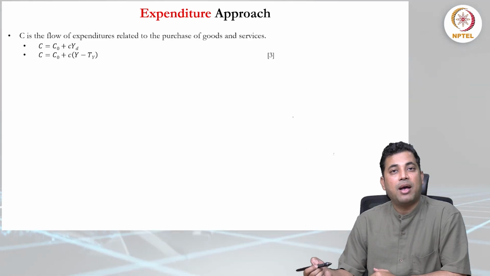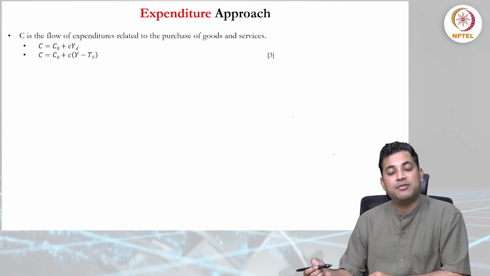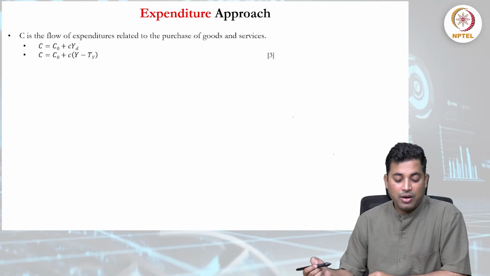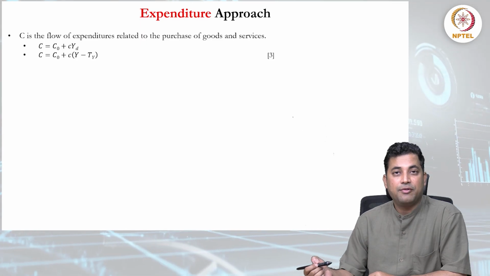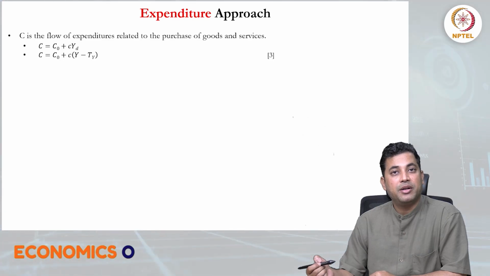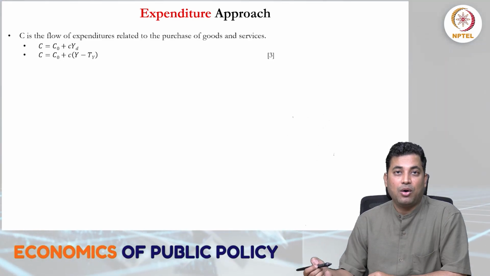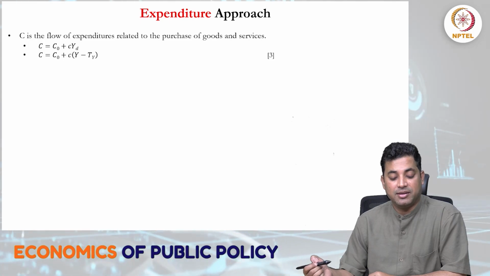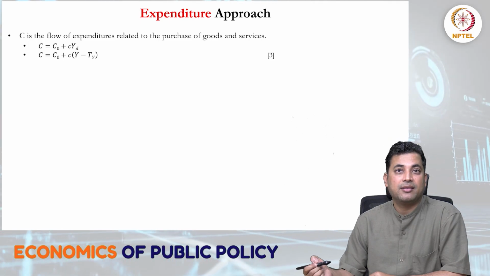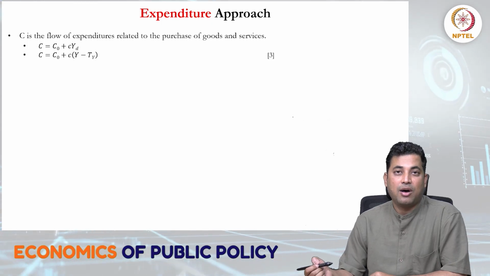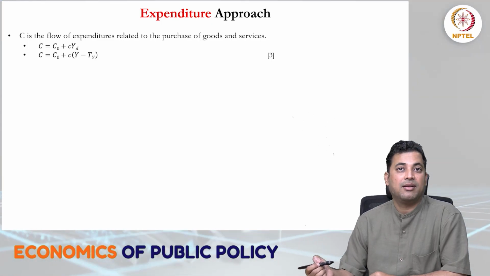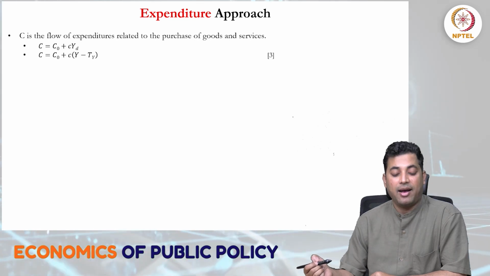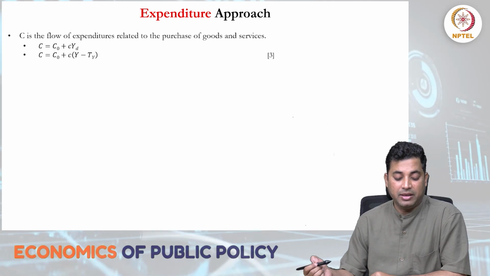One can also imagine from an individual's perspective, if you consider one consumer, the consumption for that particular individual will depend on the disposable income of that person. After deducting the direct taxes that a person pays, the net income that the individual receives is called disposable income.